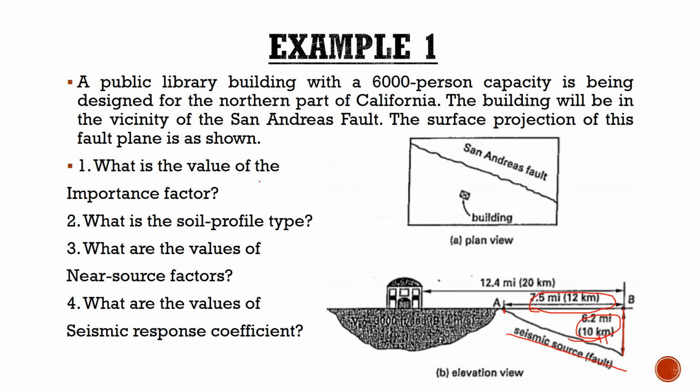So we have these questions: What is the importance factor? The soil profile type, the near source factors NA and NV, then the seismic response coefficients CA and CV?